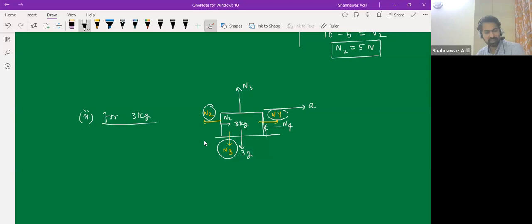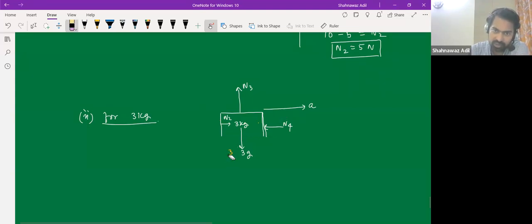So that is why we are not considering this in the free body diagram. Let me erase this one. This one is not considered, and this one is not considered. So we have two directions in which we can write the equations.